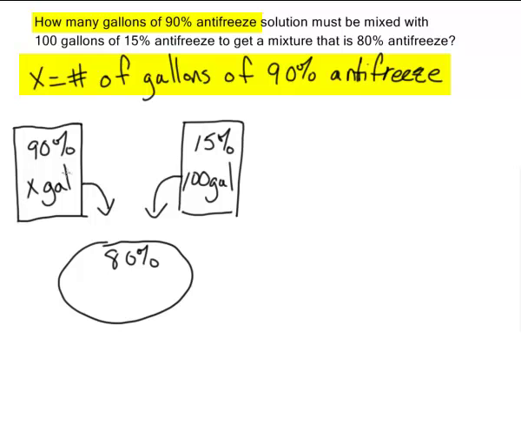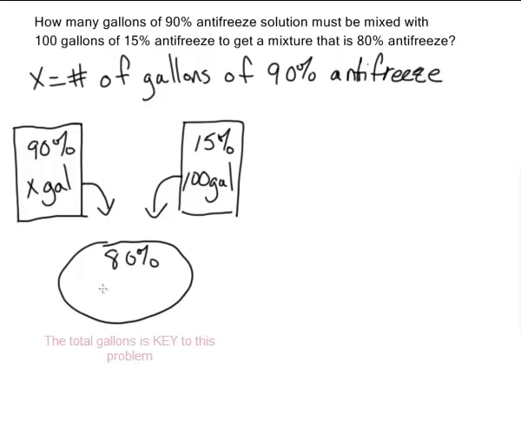And in our final solution, how much is there going to be altogether? We'll have 100 from the 15%, plus an additional x gallons from the 90% solution. So in our 80% solution, we're going to have 100 plus x.